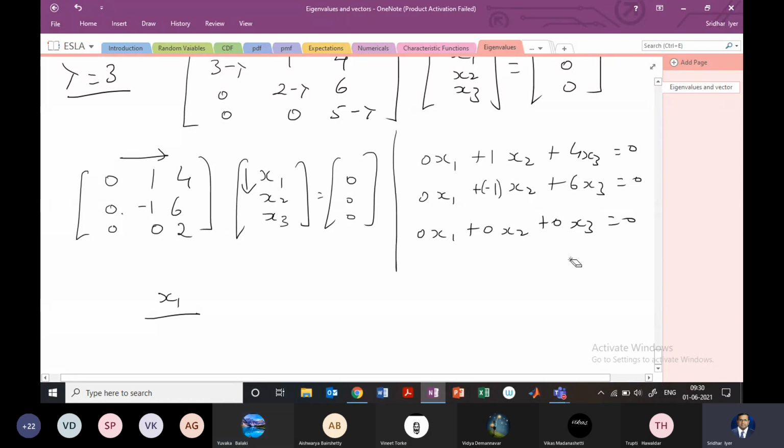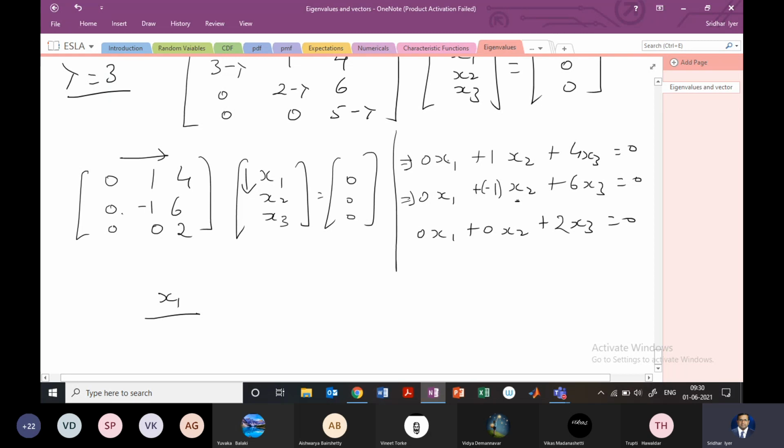So the third equation will be 2x3. You can take the first and the third equation, or you can take the first and the second equation. We'll take the first equation and the second one because these have the value of x2, whereas the third equation doesn't have a value of x2. So let's take these two.